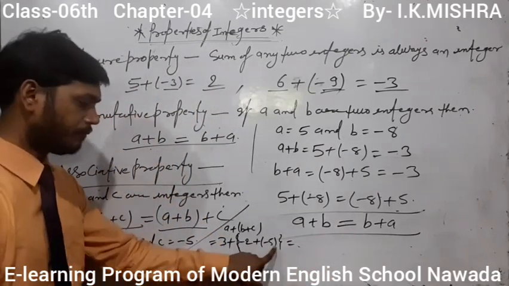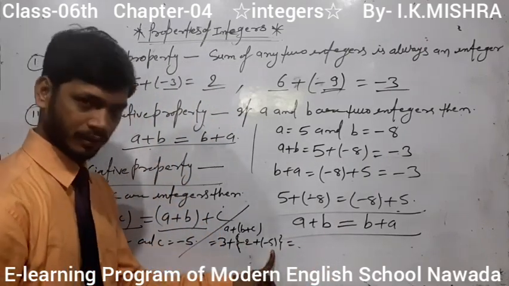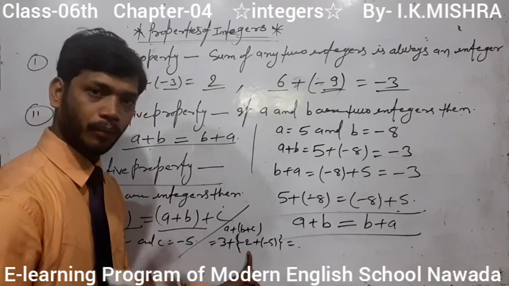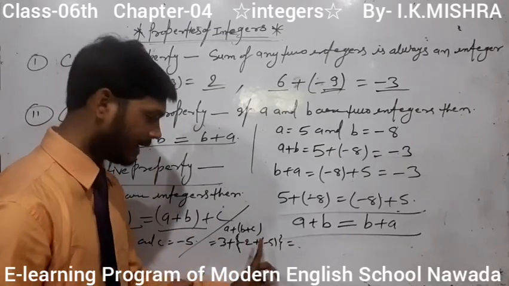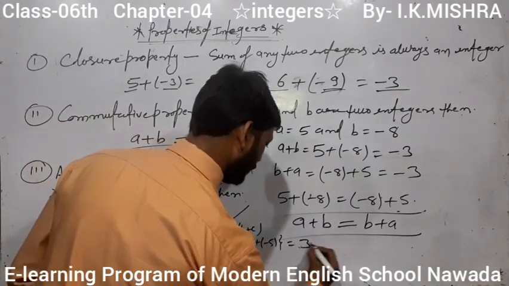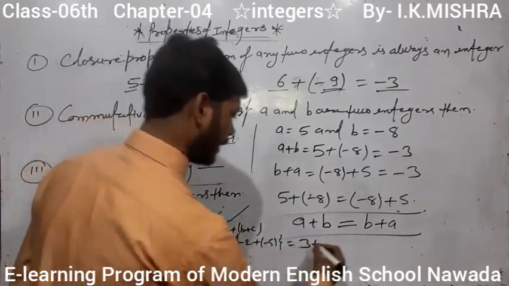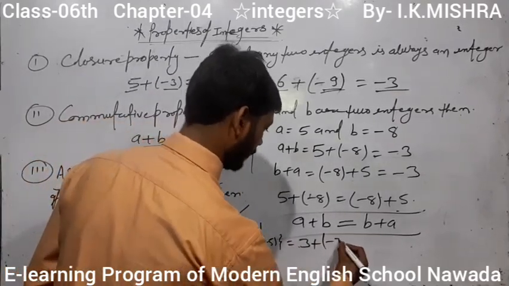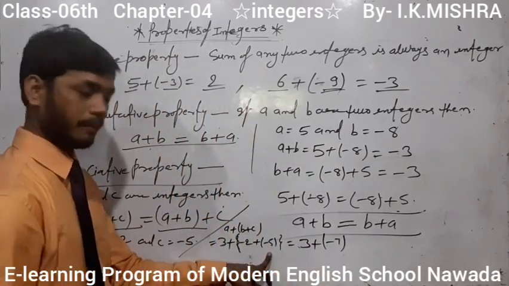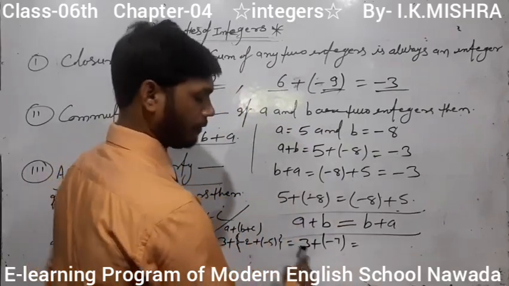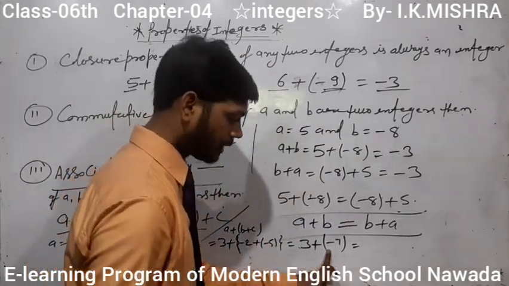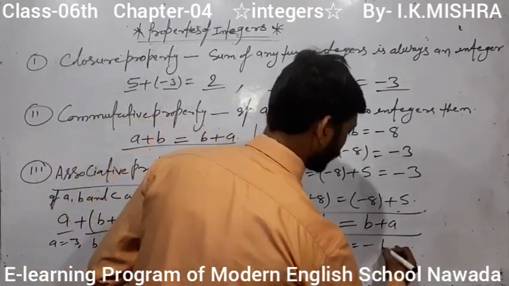Students, its value here: minus and minus, minus minus operations become positive, that means plus, and the sign becomes negative. So here 3 plus minus 7, and 5 plus 2 is 7, so minus 7, and 3 plus minus 7 is equal to minus 4.